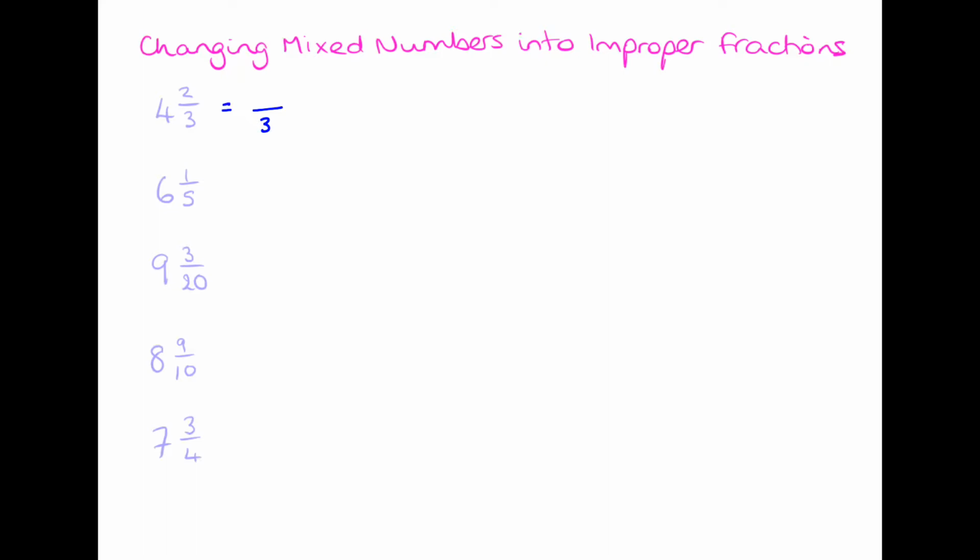So what we need to look at is, in these 4 whole ones, how many thirds have we got? Well, we know that there are 3/3 in every whole one, and we've got 4 lots of that. So we're going to do 4 times 3 is 12. So we've got 12 thirds here and another 2 thirds there. So that gives us 14 thirds altogether.